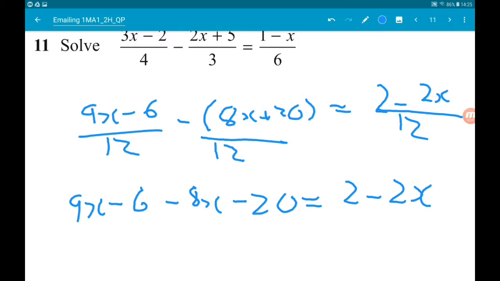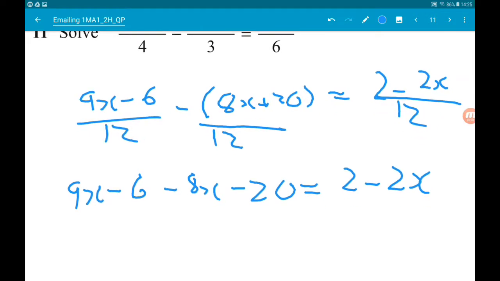Okay, now if we simplify the left hand side, 9x minus 8x is just 1x. Minus 6 minus 20 is minus 26. And on the right, there we go, 2 minus 2x.